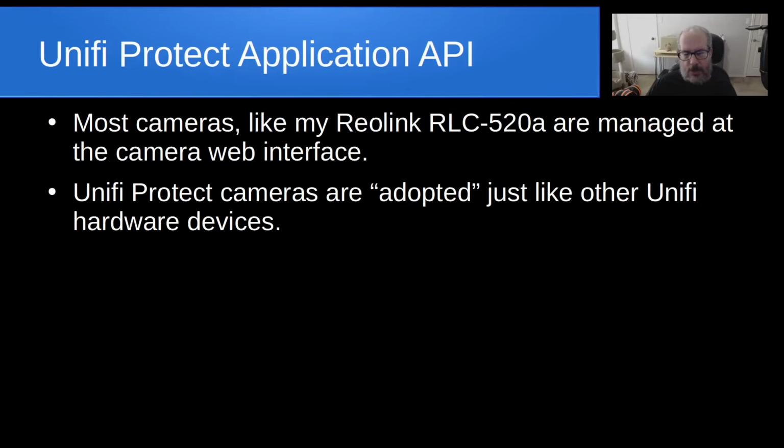And cameras are no different. When you put them on your network, they're asked to be adopted by your Unifi system, and then you can access them from the Unifi Protect application. But independent of the Unifi Protect application, a Unifi camera really doesn't provide you any utility.